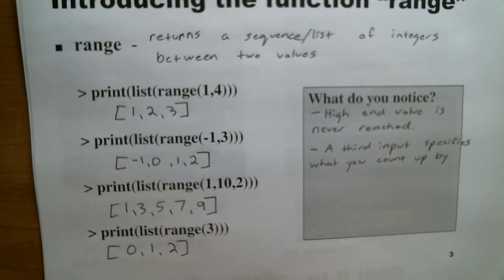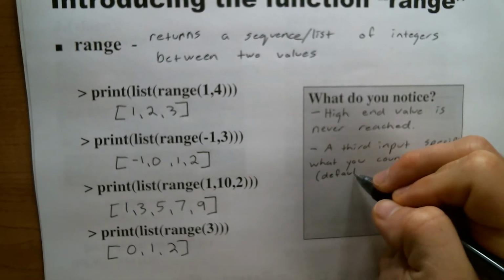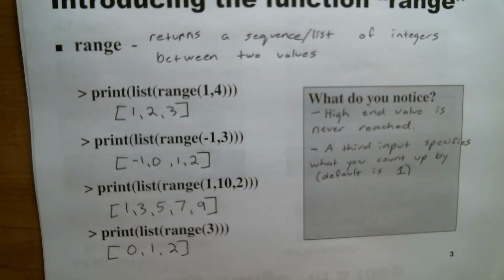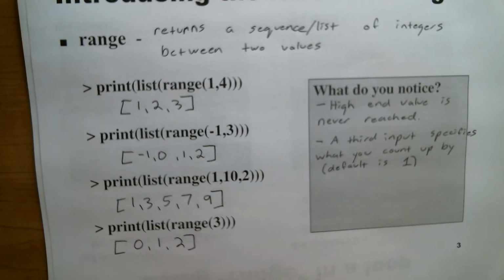So if you don't specify anything, it's just going to go up by 1. But we can put something in there and have it go up by different amounts.